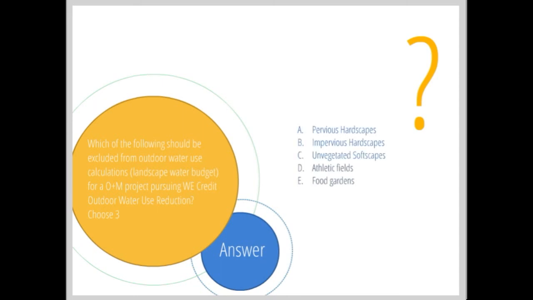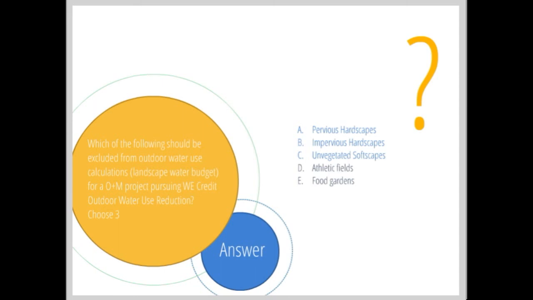The correct answers are A, B, and C. Watch the question here. The question specified "should" and not "may." Projects should use the EPA water budget tool for vegetated areas only.